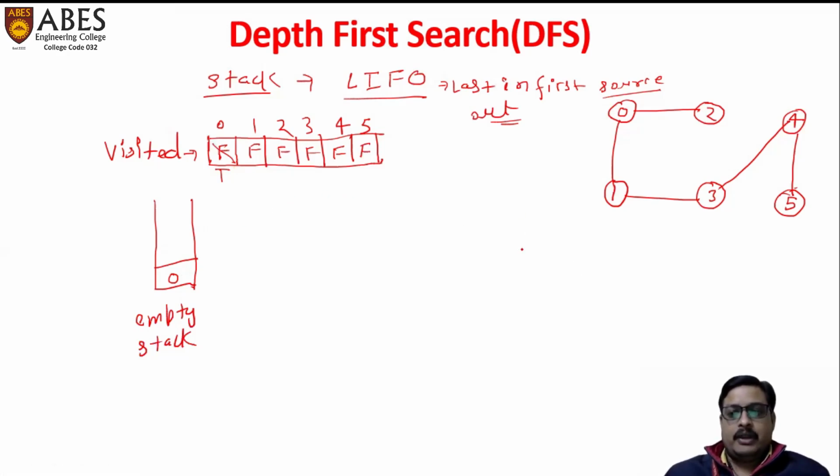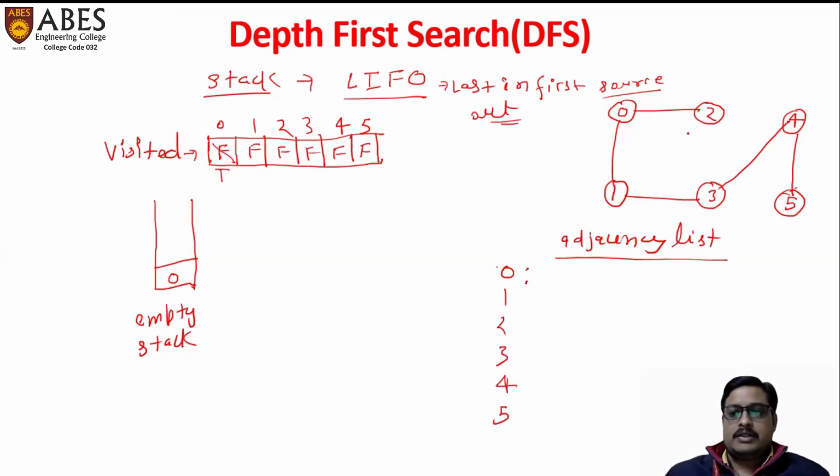So it will be required many times in our program. So let me create an adjacency list of this graph. Okay. So here we have vertex 0, 1, 2, 3, 4, and 5.